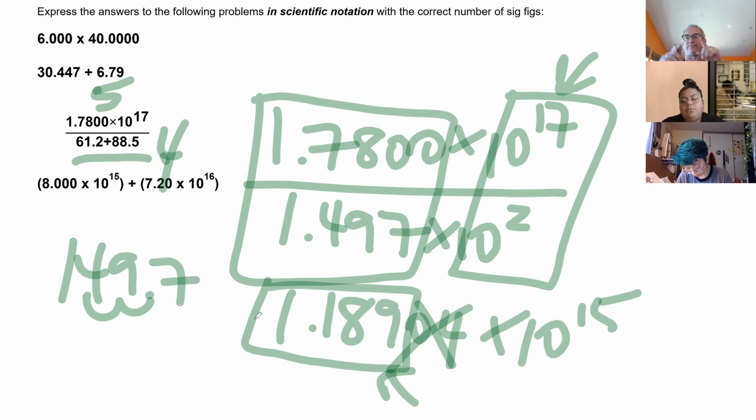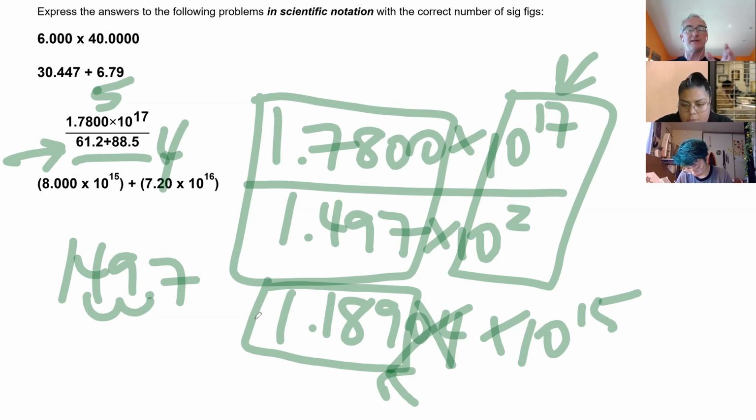One thing I should point out: if, on the other hand, we did have to round, I wouldn't round until we got to the final answer. That's a really important thing to remember. It's something that students make a mistake with all the time.